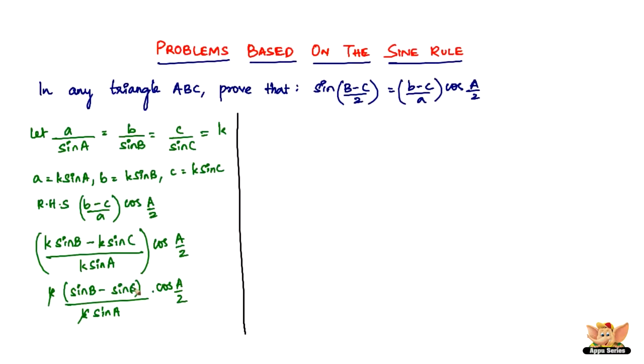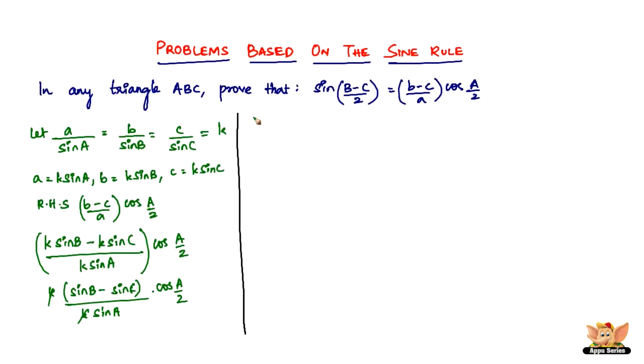Consider this as sine C minus sine D. Here it is sine B minus sine C, but consider it as sine C minus sine D. The reason we are doing that is that we want to write things in the form of A to A by 2.